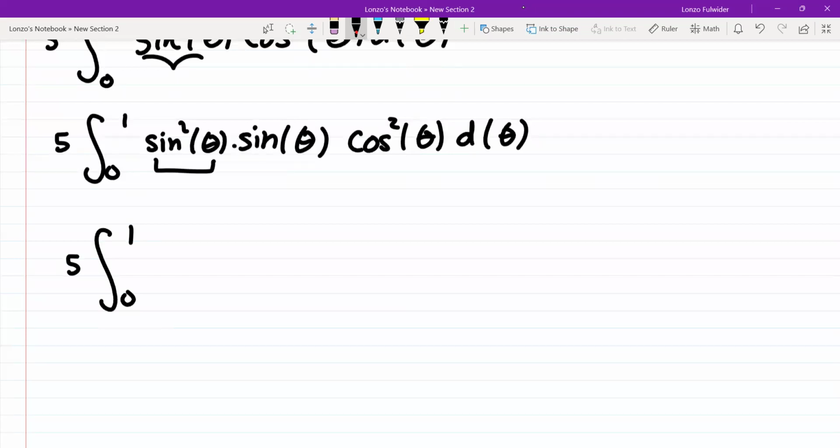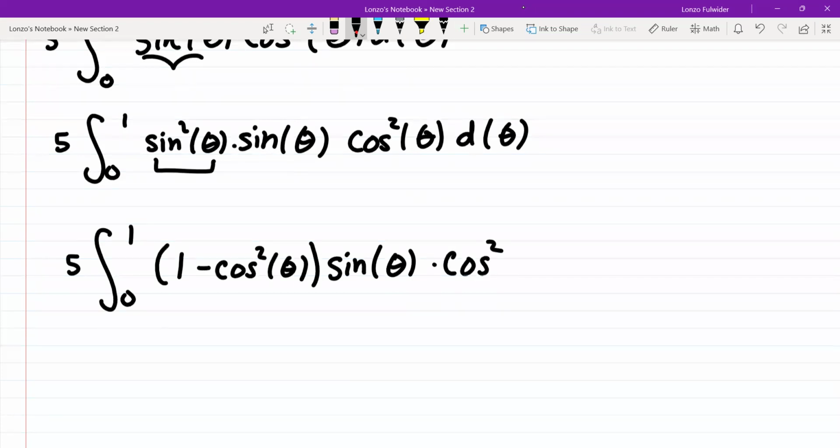I'm going to replace sine squared theta with 1 minus cosine squared theta, times sine theta. And then you still have this cosine squared theta. What to do next?